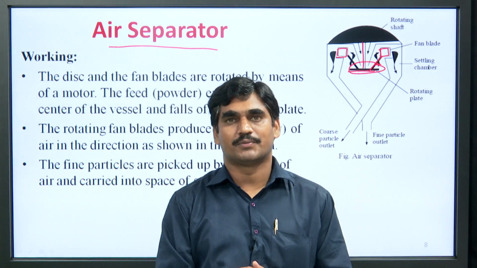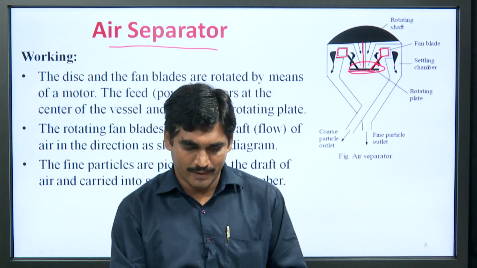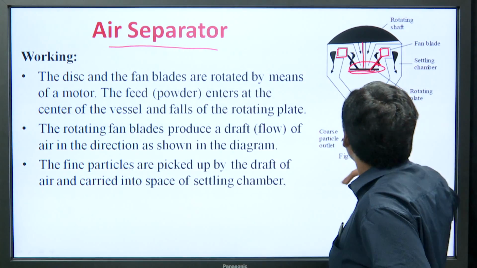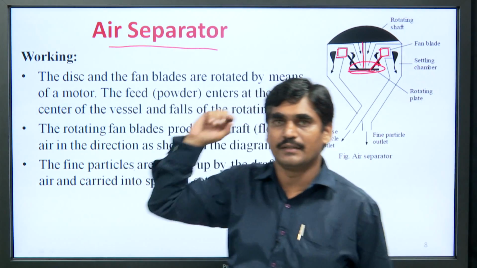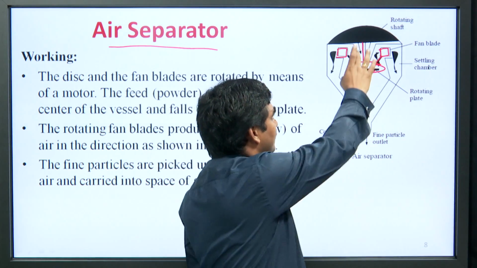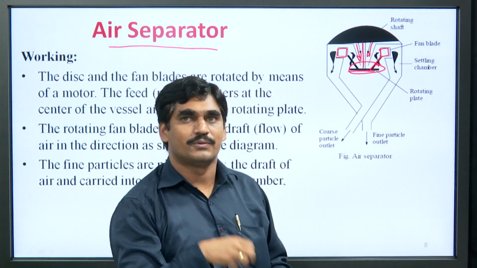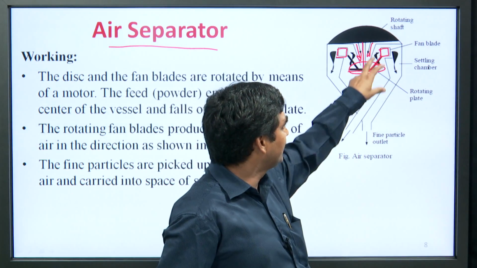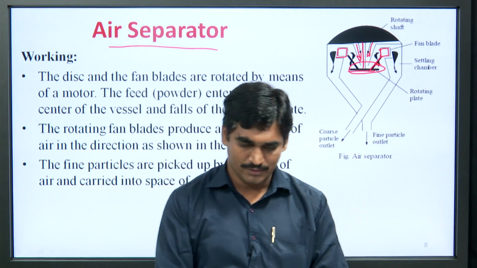The feed enters here, a mechanism for feed entering is also there. The feed enters at the center of the vessel through this position into the air separator and falls on the rotating plate. As soon as the feed falls on this rotating plate, it starts rotating.